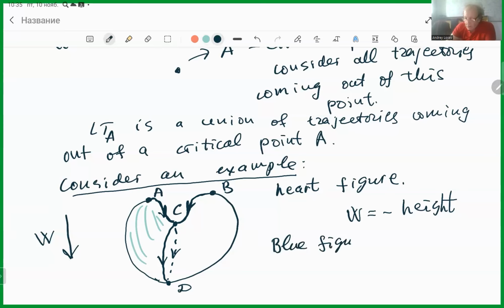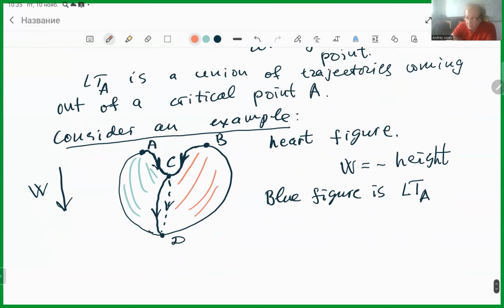Blue figure is LTA. A red figure is LTB. Okay?